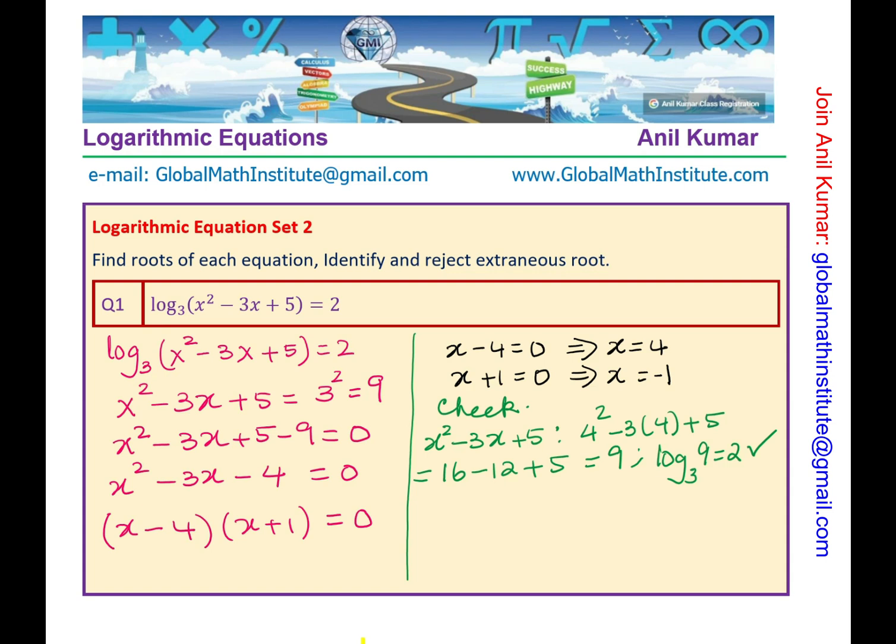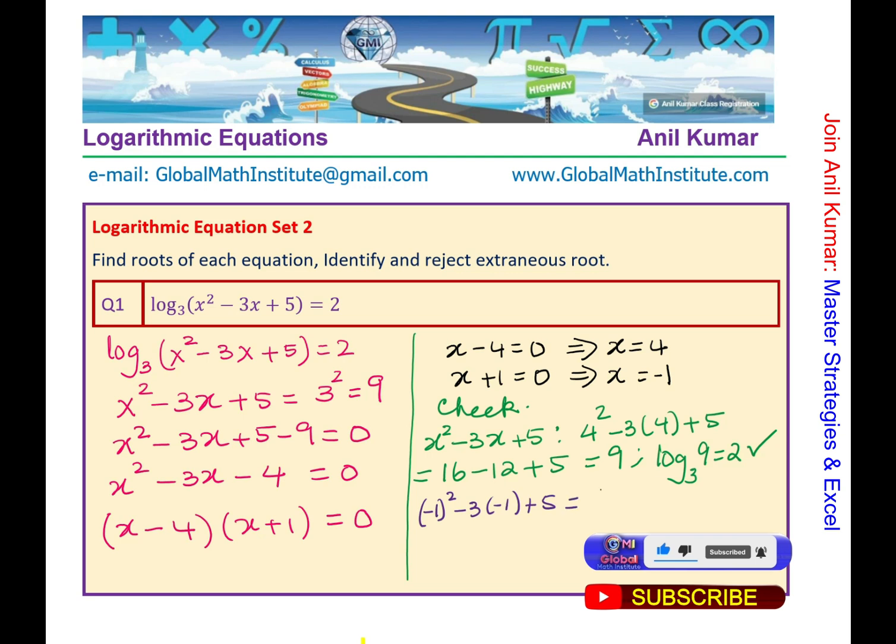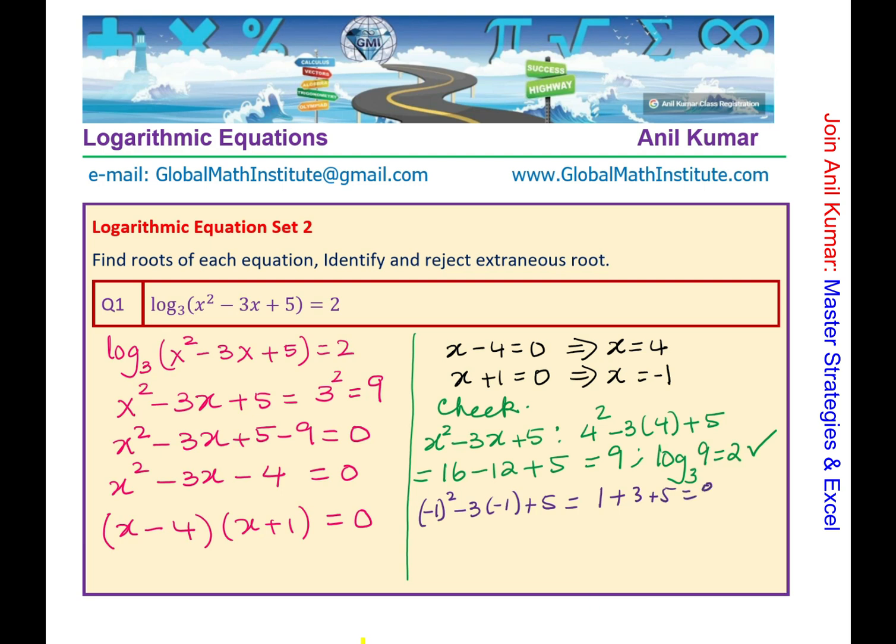Now let's put minus 1 and check that also. If I substitute minus 1, I get minus 1 squared minus 3 times minus 1 plus 5, which is 1 plus 3 plus 5, and that is also 9. So that also works.